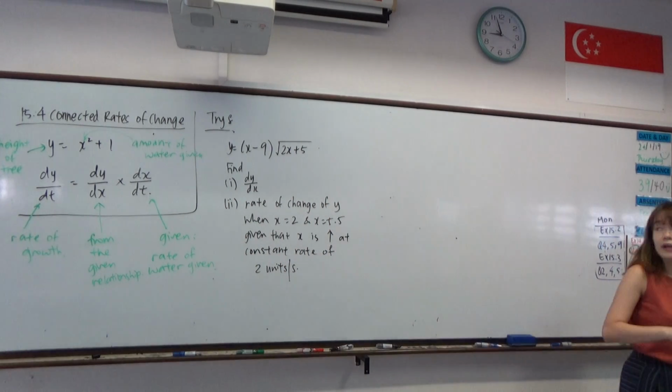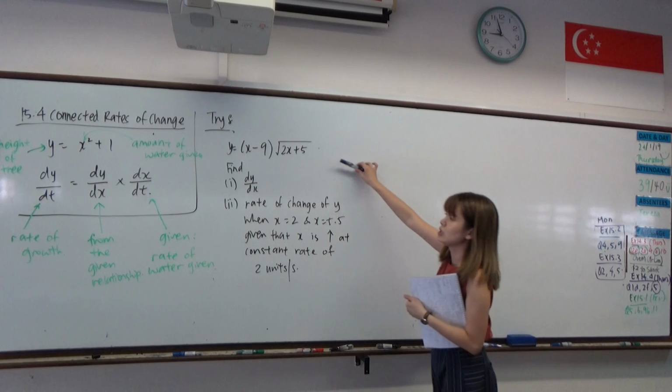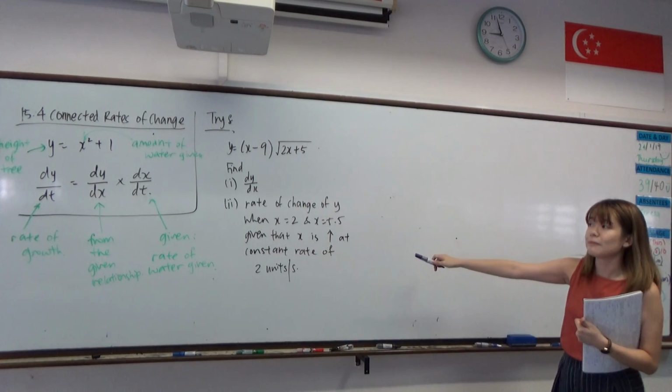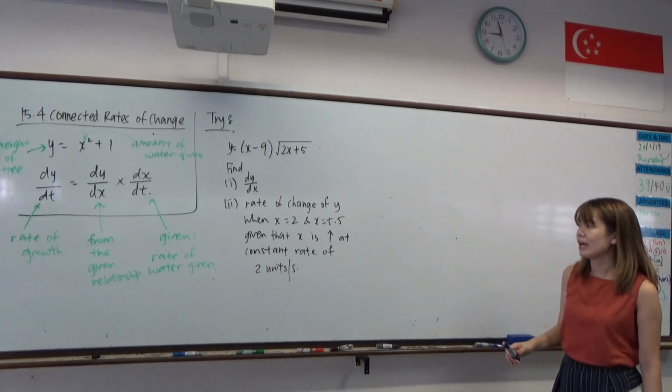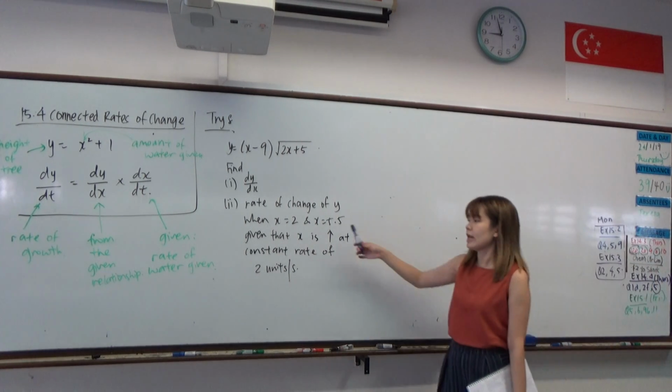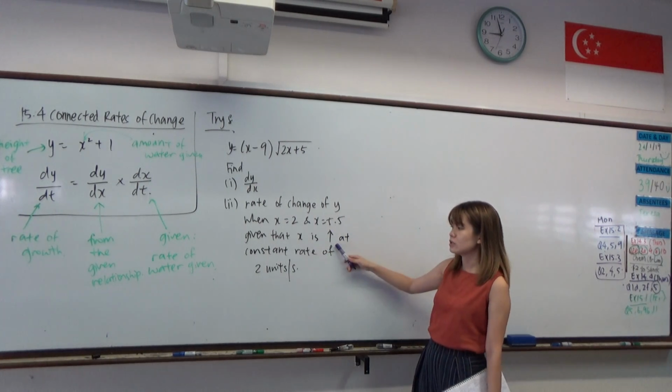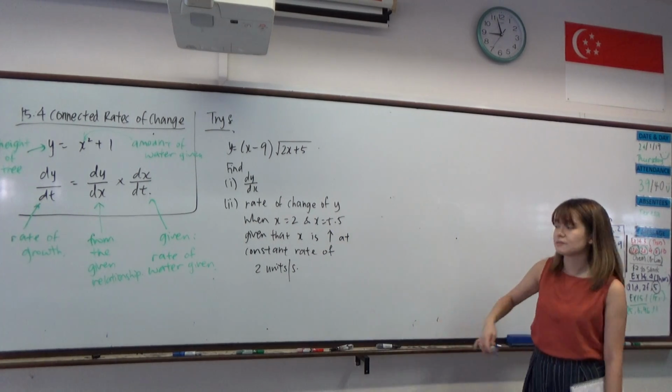In this case, we are given this function. First find the derivative, and then in part 2, which is the concern in this particular unit, we want to find the rate of change of y when x is equals to 2 and when x is equals to 5.5, given that x is increasing at a constant rate of 2 units per second.